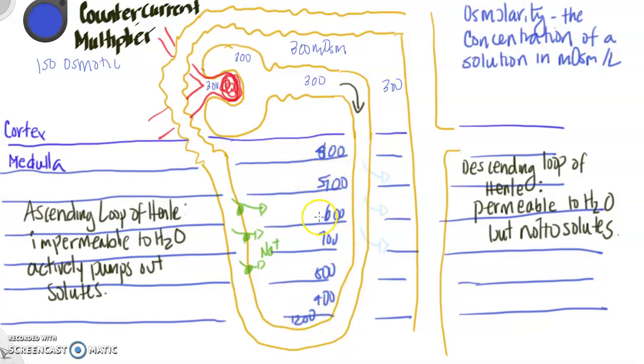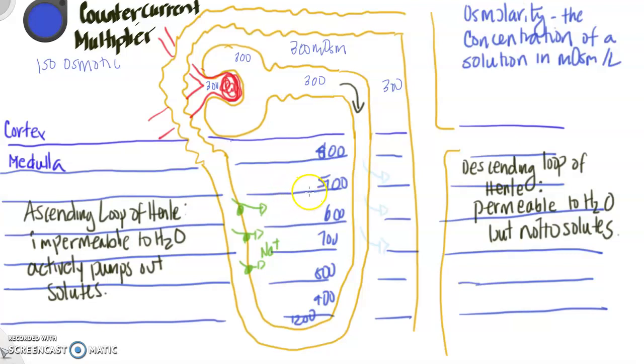So it continues to get saltier and saltier as it goes down, which moves the water out. The osmolarity in the medulla doesn't change because in the ascending loop, we're pumping solutes out into the interstitial space.